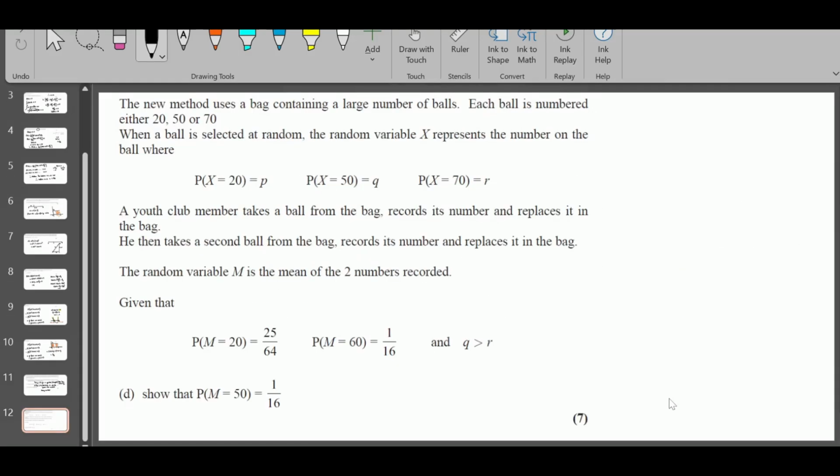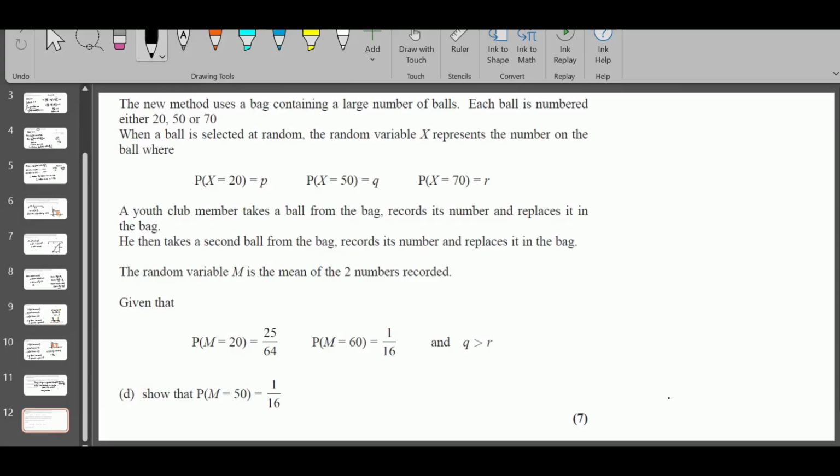Part D now. It's a whopping 7-mark question. The new method uses a bag containing a large number of balls. Each ball is numbered 20, 50, 70 and the probabilities are given as P, Q, R. A youth club member takes a ball from the bag, records its number and replaces it in the bag, so the total count will be the same.